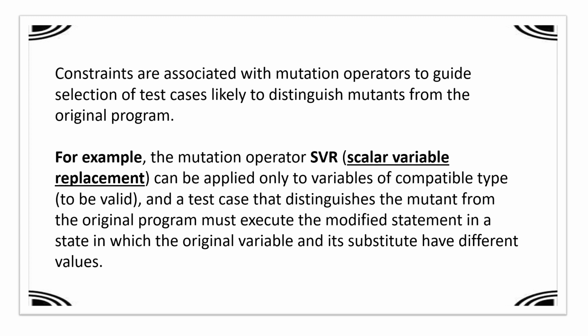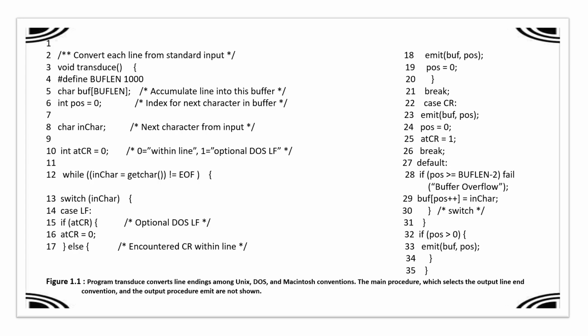For example, the mutation operator SVR, that is scalar variable replacement, can be applied only to variables of compatible type, that is, to be valid, and a test case that distinguishes the mutant from the original program must execute the modified statement in a state in which the original variable and its substitute have different values.